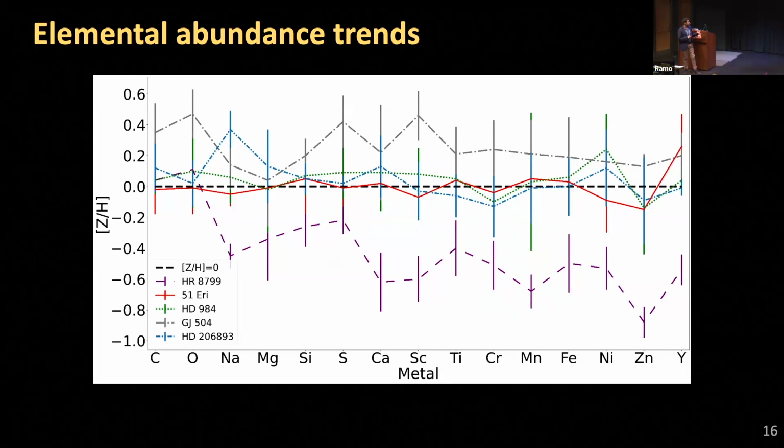The other interesting thing was that GJ504 has supersolar compositions for almost all elements. The idea behind this plot was to look for any systematic deviations in the abundance of a particular element relative to solar, which might indicate some kind of chemistry in the protoplanetary disk that is specific to wide-orbit Jupiters.